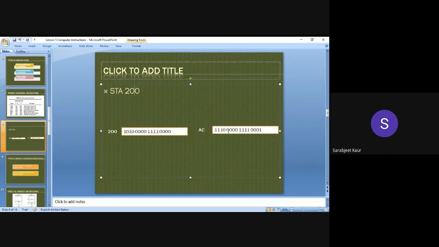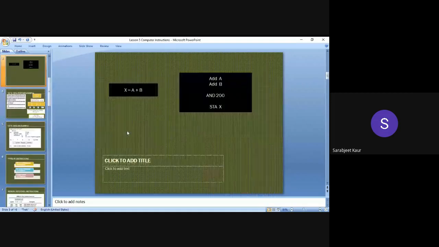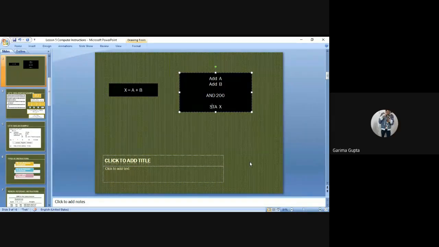So whatever are the contents of AC, copy that and store that at 200. Is this clear? You remember I had discussed STA here with you as well. Yes or no? Yes, ma'am. Right.